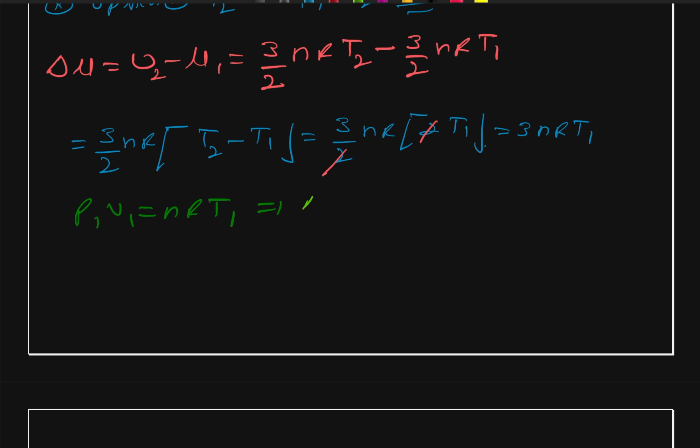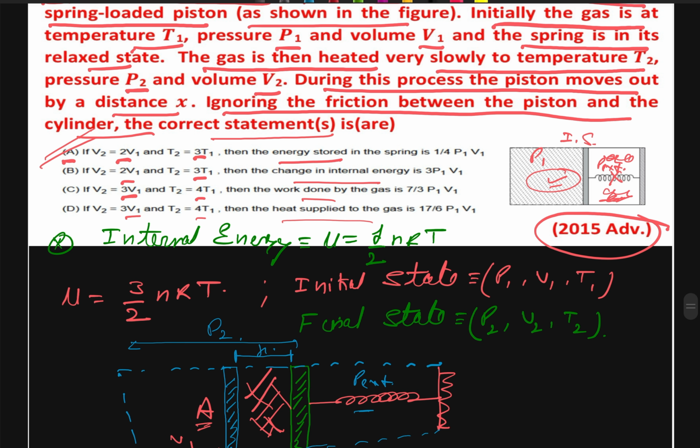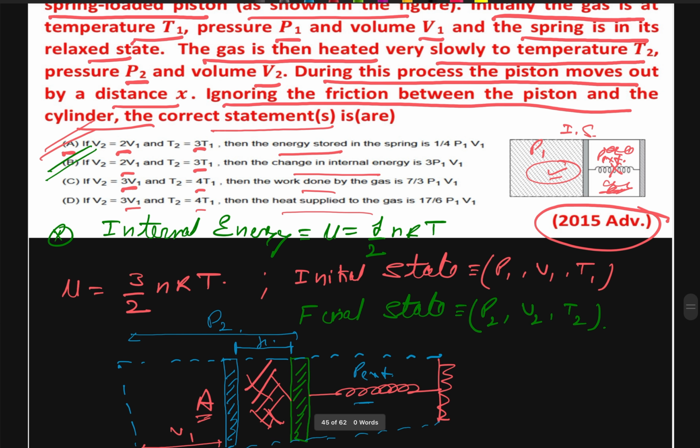Therefore, delta U is equal to 3 P1 V1. So option B is also correct.